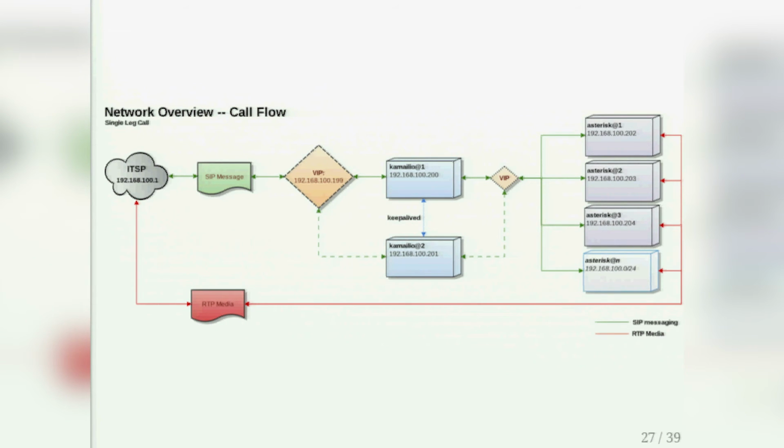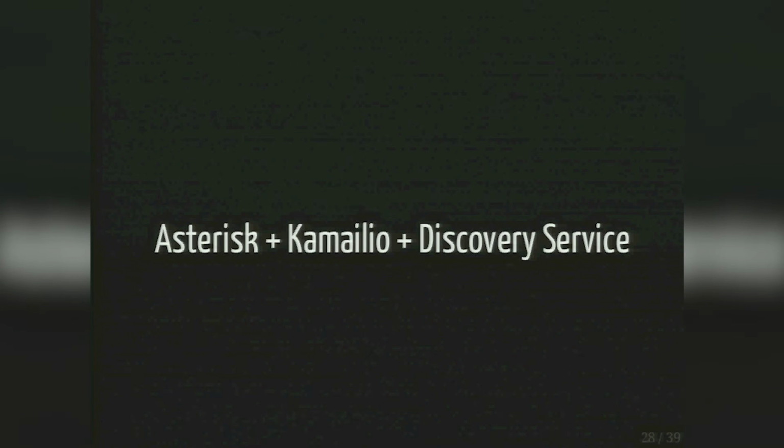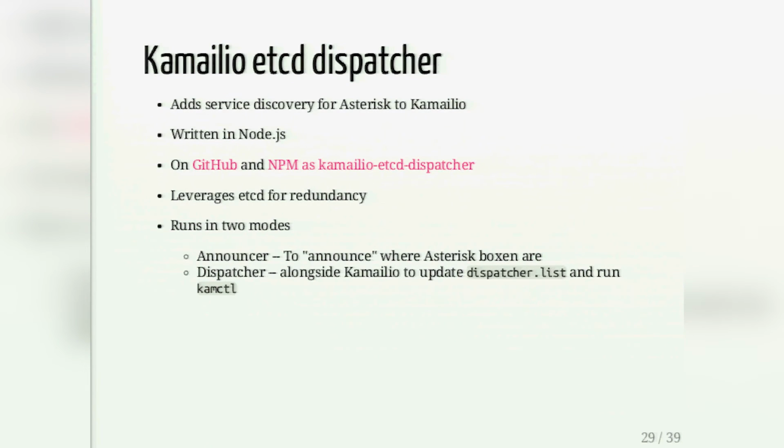So the way that we're going to put this together is we're going to use Asterisk and Kamailio, and we're going to pack it together with a discovery service. And to keep these disparate components together, I wrote some software that I call Kamailio etcd dispatcher. It's just a very verbose name. It's not one of those clever, cool names like one named after a vegetable or something.